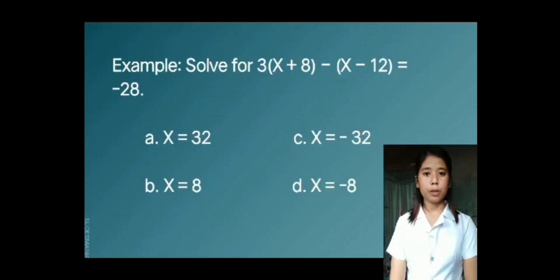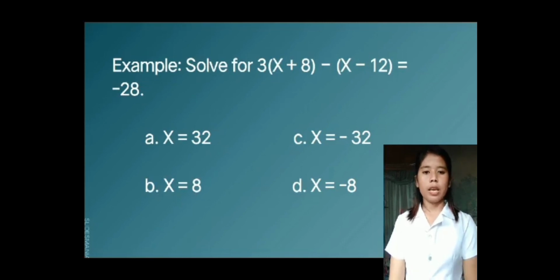So for example, in multiple choice: solve for 3(x + 8) - (x - 12) = -28.